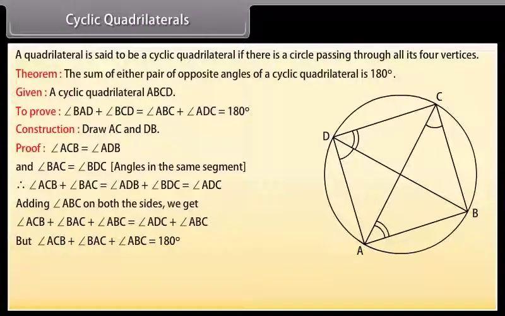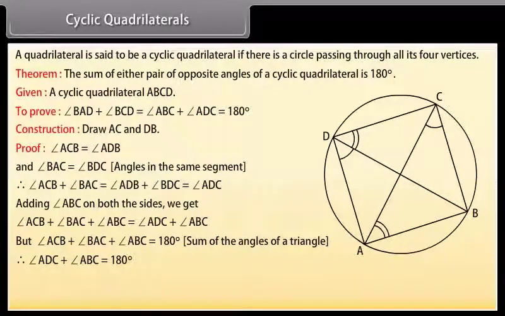But angle ACB plus angle BAC plus angle ABC is equal to 180 degree, because the sum of the angles of a triangle is 180 degree. Therefore, angle ADC plus angle ABC is equal to 180 degree.